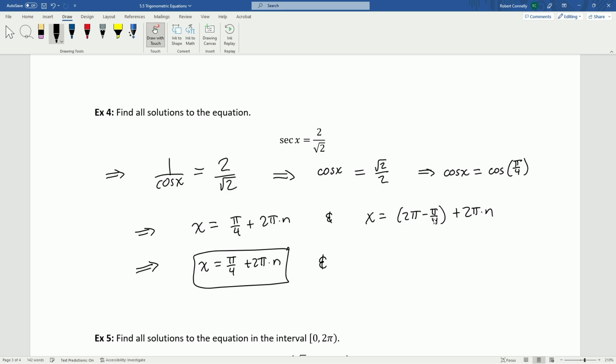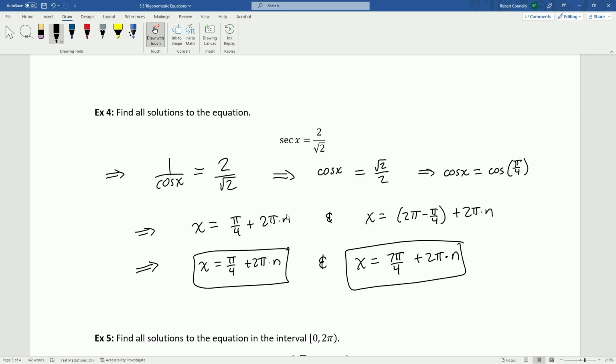And 2 pi minus pi over 4, well, that's 8 pi over 4 minus 1 pi over 4. That's 7 pi over 4. So all solutions to this equation will be in the form of these two equations themselves.